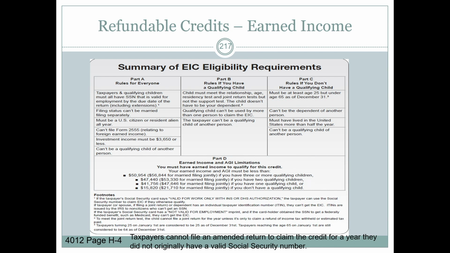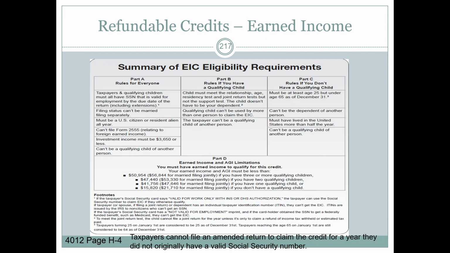Can't file Form 2555, and that's related to foreign income. Can't have investment income of $3,650 or more, and pay close attention to that because you will see that again. But the investment income must be $3,650 or less. Can't be a qualifying child of another person.